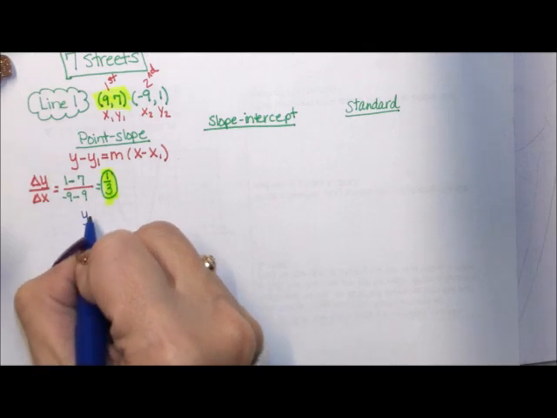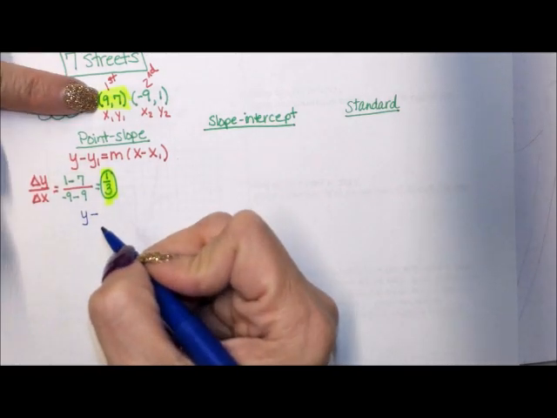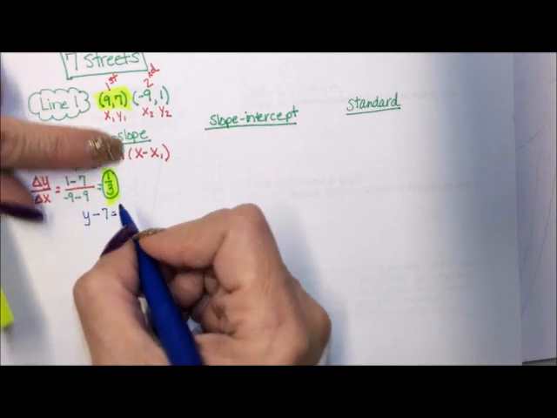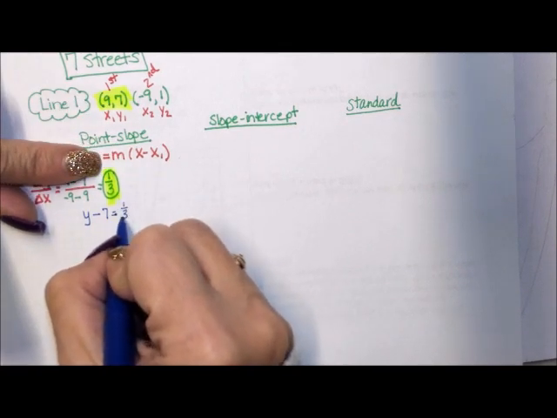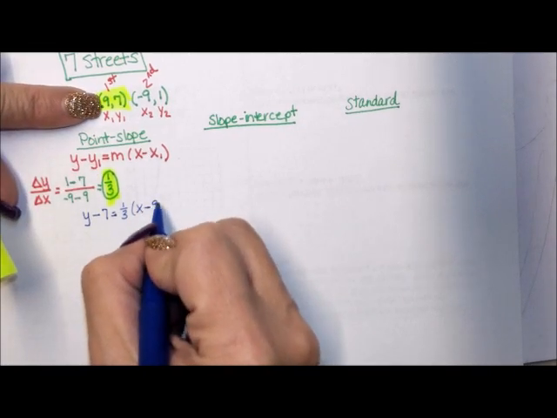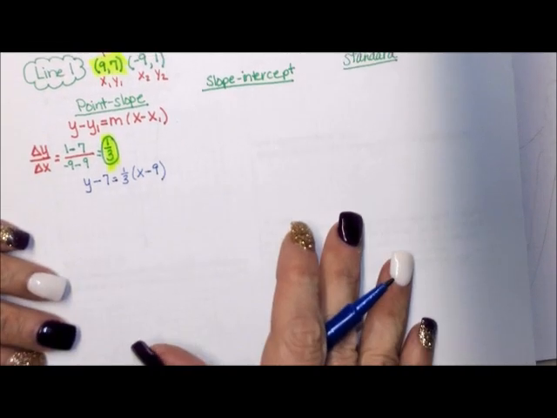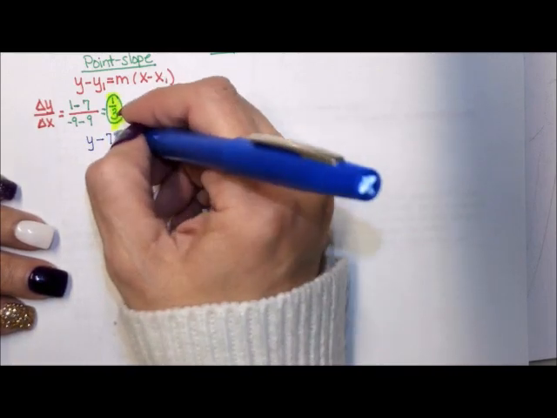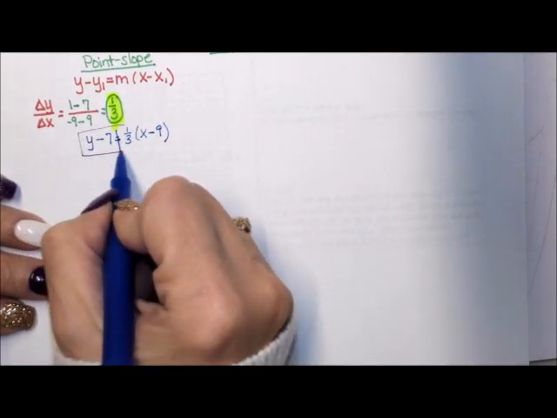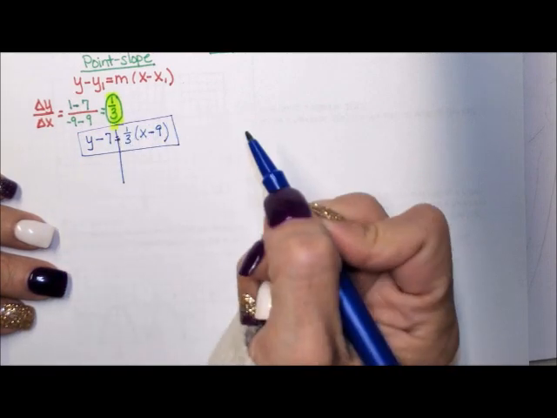So y minus y1 is 7 equals m, which is 1/3, times x minus x value, which is 9. Alright, so I just need to simplify this. So point slope, here it is. Boom. I'm going to box it in.